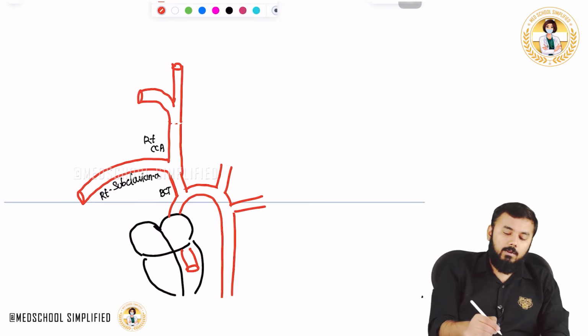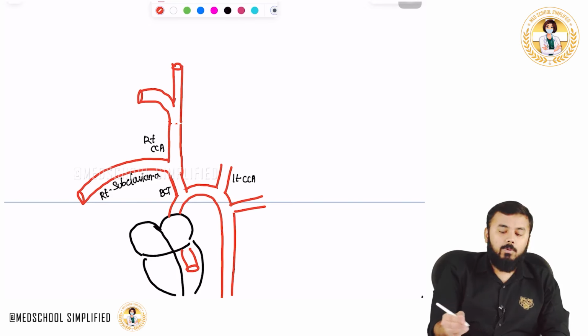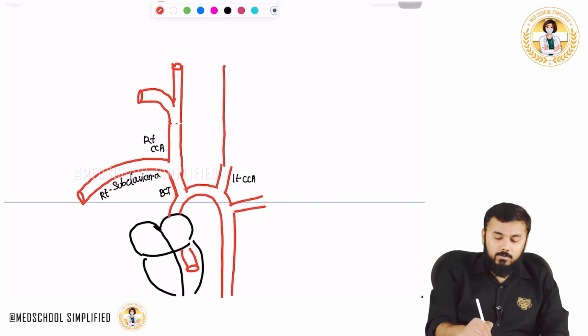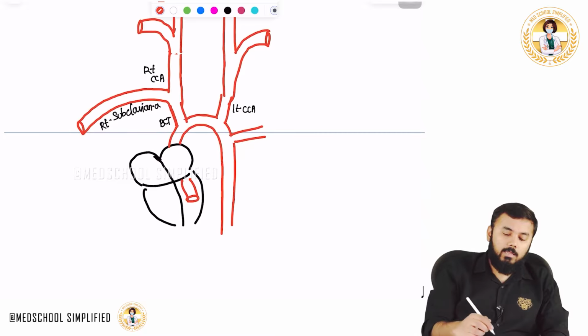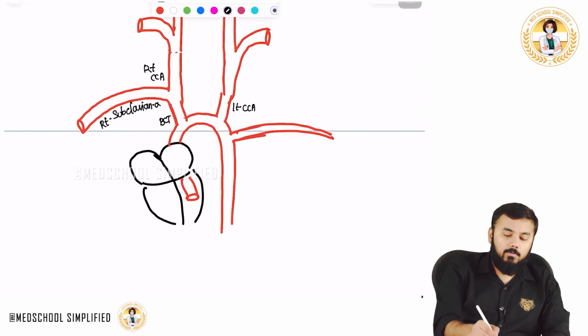On the left side, this is called your left common carotid artery. So directly here, the left common carotid artery arises from the aorta, and it divides into two branches. This is called the internal carotid and this one is called the external carotid. Next, this artery which you can see over here is called your left subclavian artery.